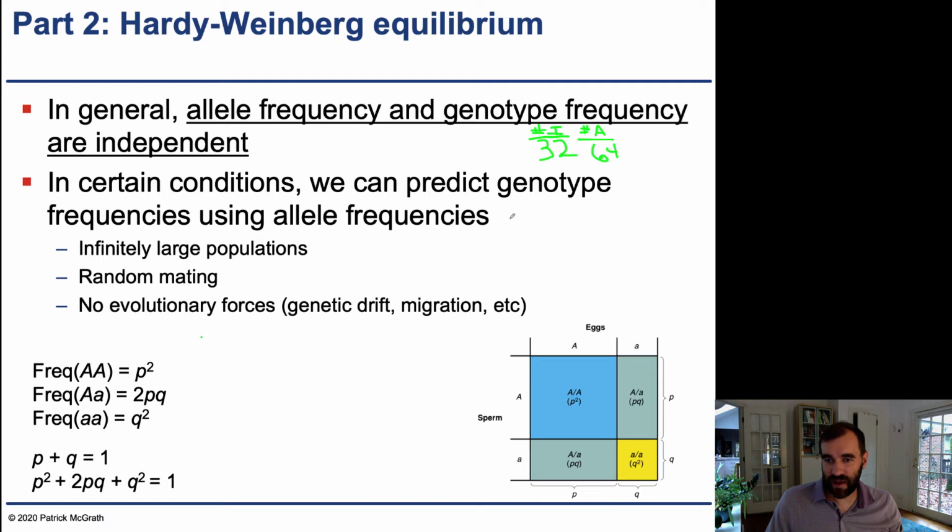Let's say I told you that 2 big A alleles were in the population and 62 little a alleles were in the population. And then I wanted to ask, what are the genotype frequencies? You can't really answer that question because there are multiple possibilities.